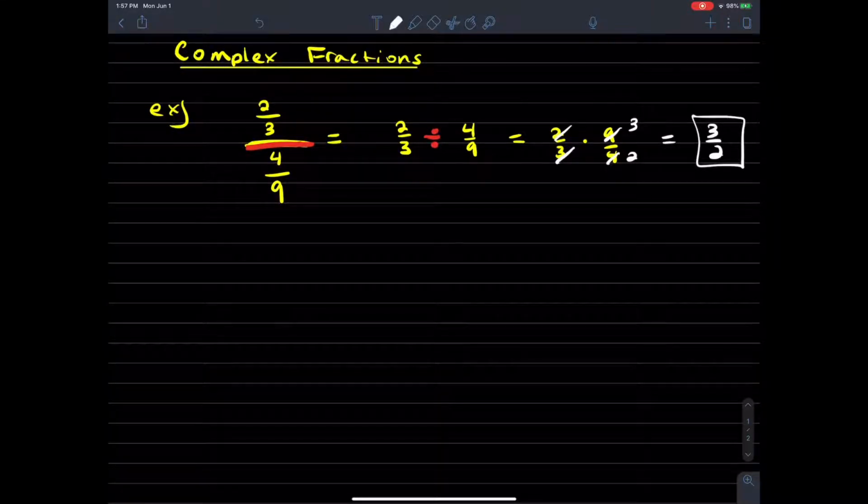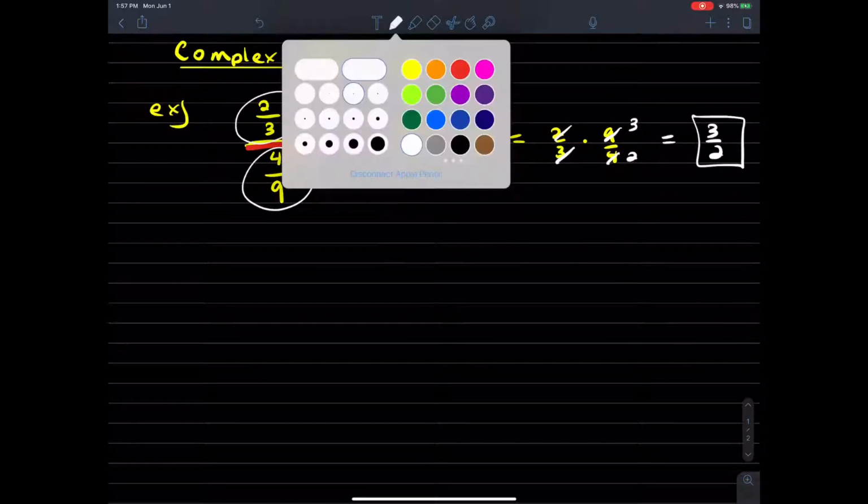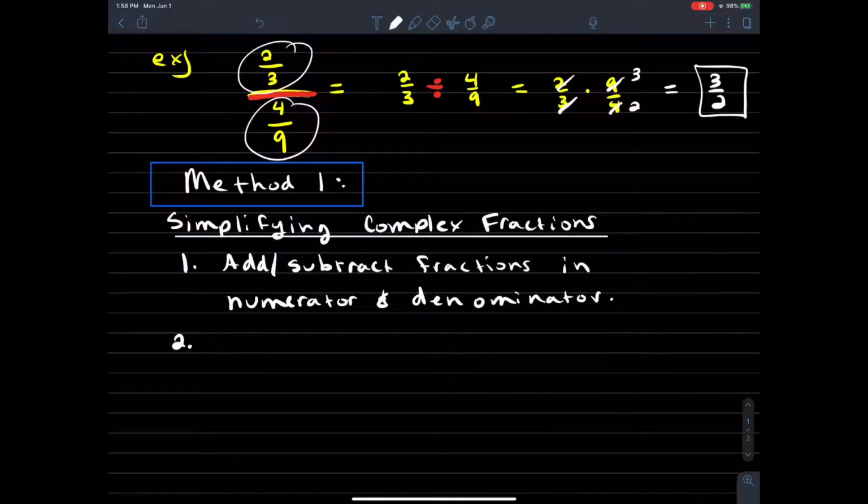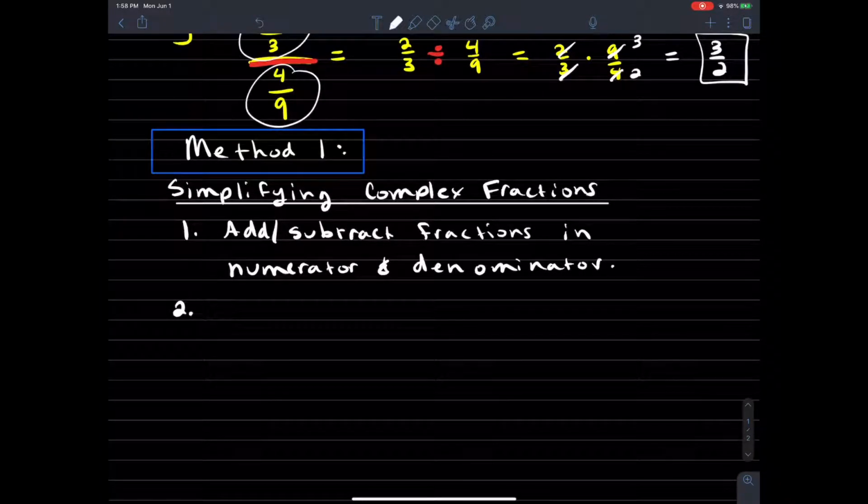When you have it broken down to one fraction in the numerator, one fraction in the denominator, you can flip and multiply. So our steps: first, combine the fractions in the numerator and denominator so you have one fraction. The second step is to rewrite as a division problem.